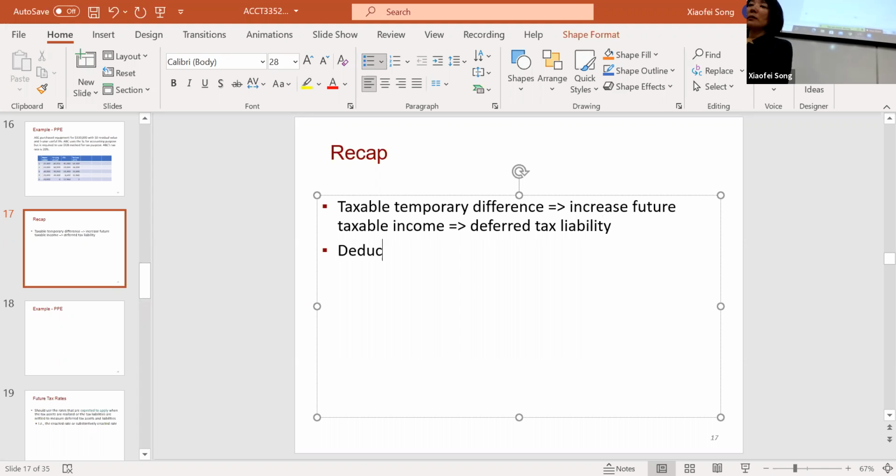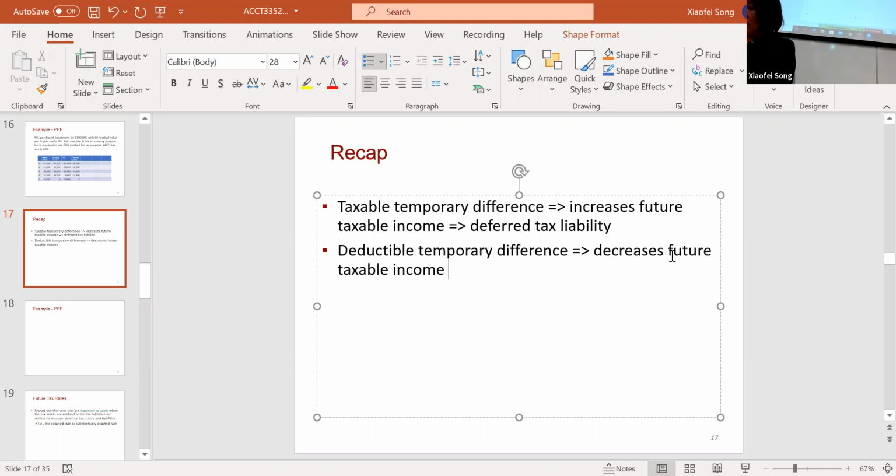In contrast, a deductible temporary difference. That means the difference will be deducted to compute future taxable income, right? So this decreases future taxable income.